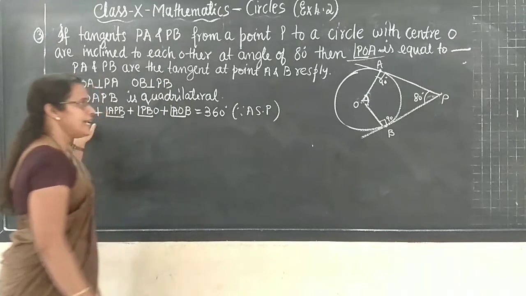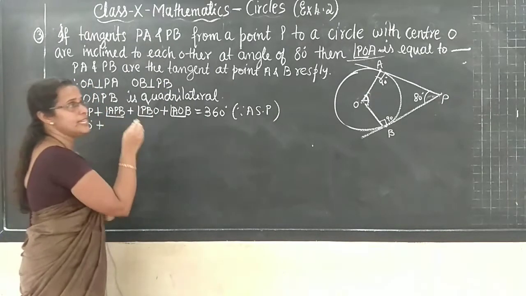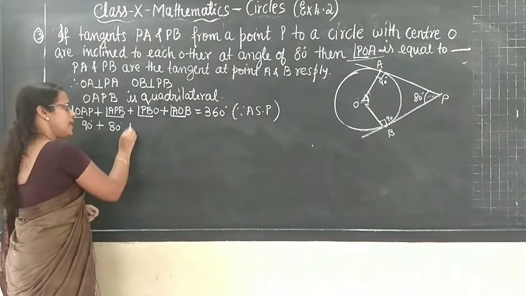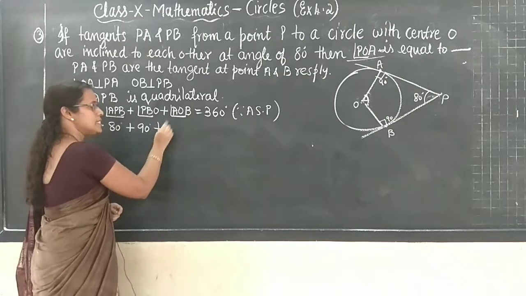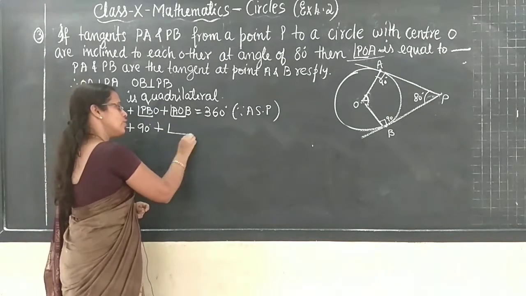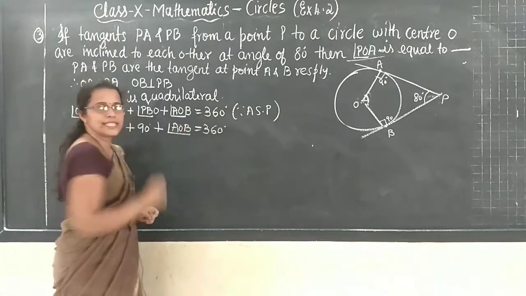Now, angle A is how many degrees? 90 degrees, plus angle P is 80 degrees, plus angle B is 90 degrees, plus angle O is not known, is equal to 360 degrees. It is easy, right?